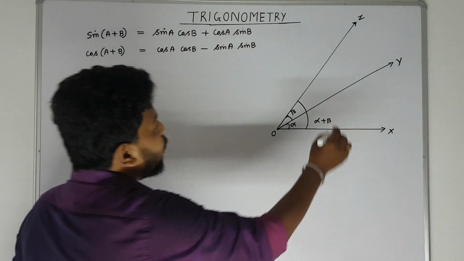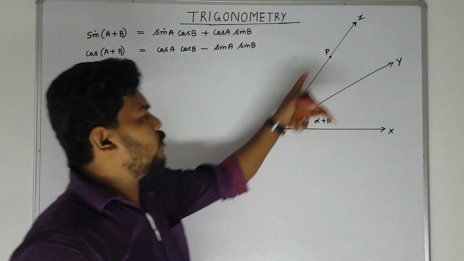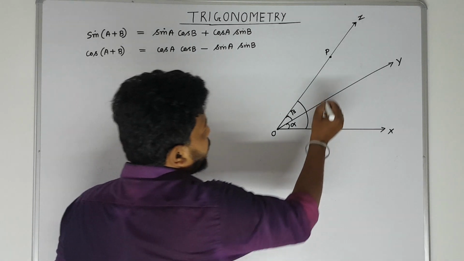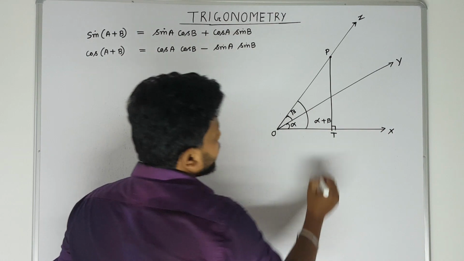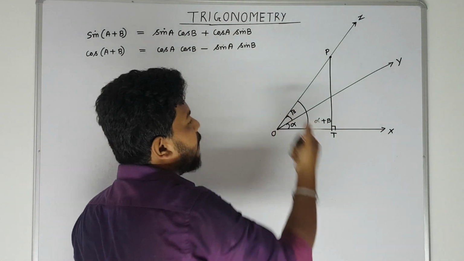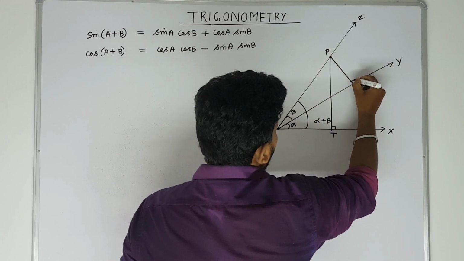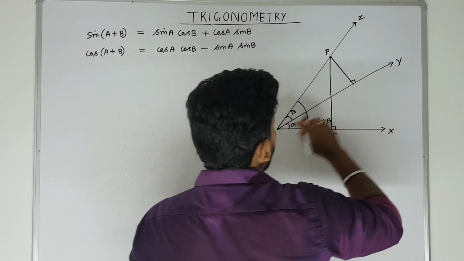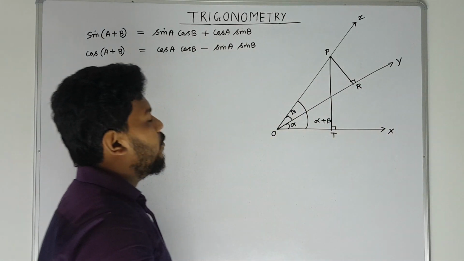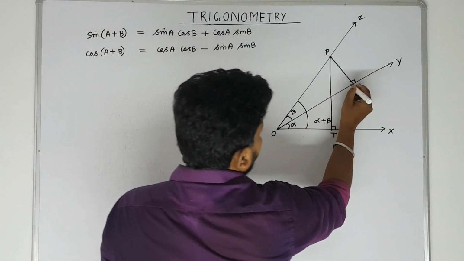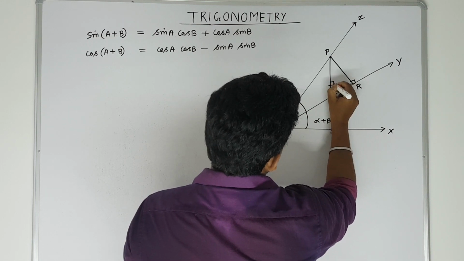Now let point P be any point lying on the ray OZ. From P, if I draw a perpendicular on the x-axis, it is your PT. From the point P, if I draw a perpendicular on the ray OY, this is your PR, and from R, if I draw a perpendicular on the line PT, it is your Q.